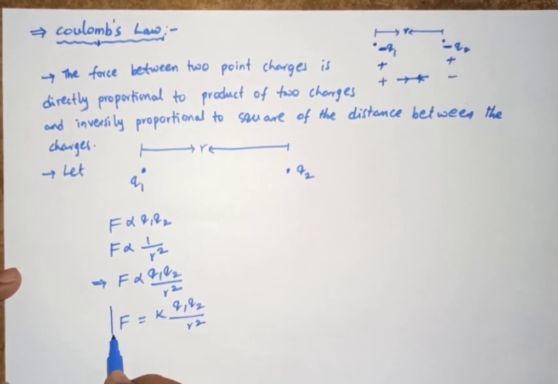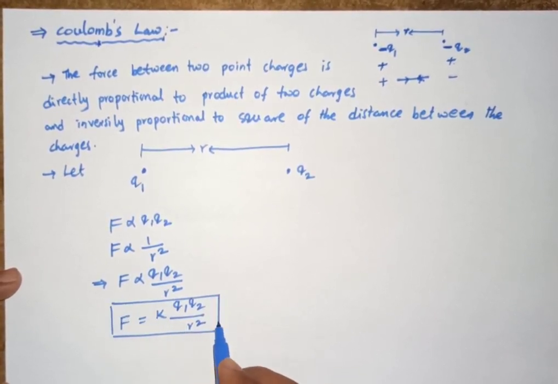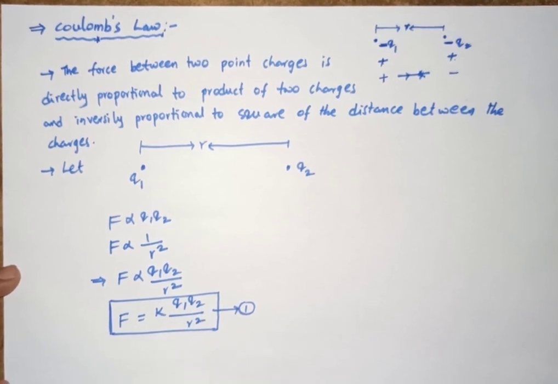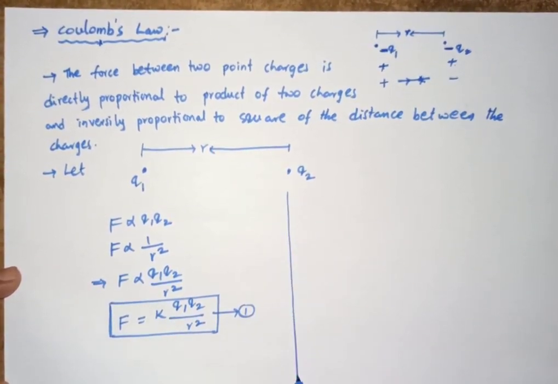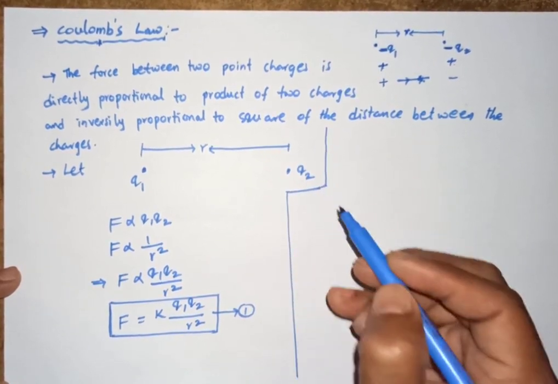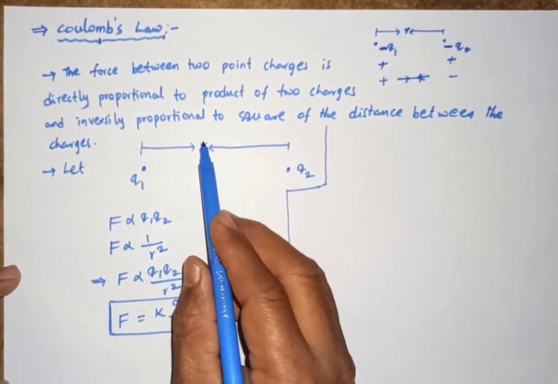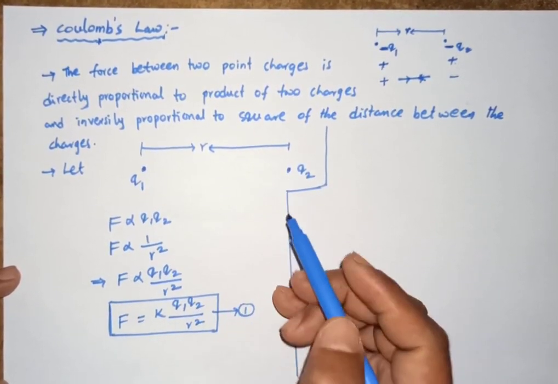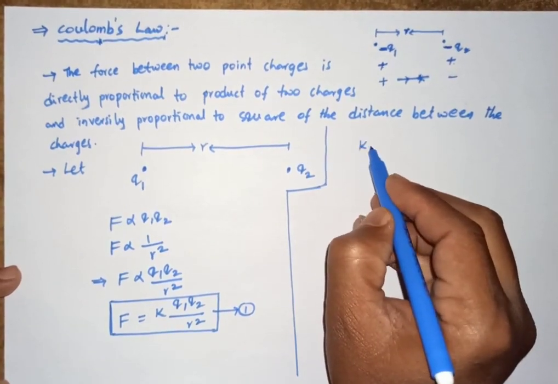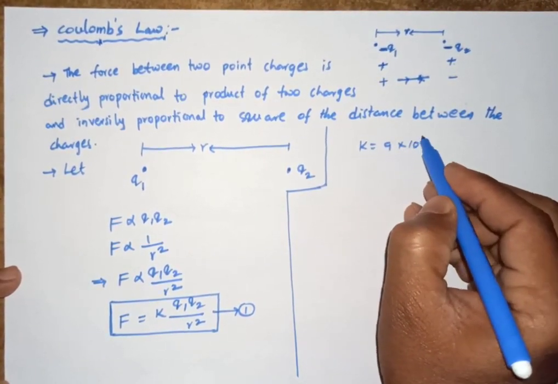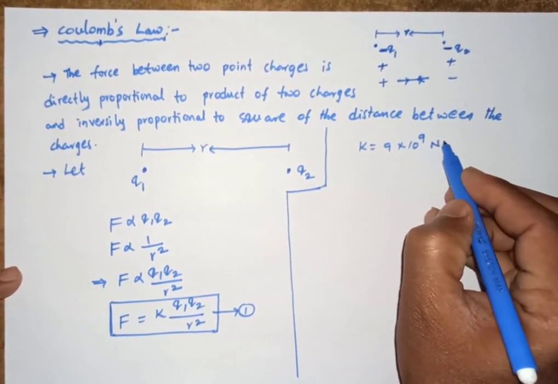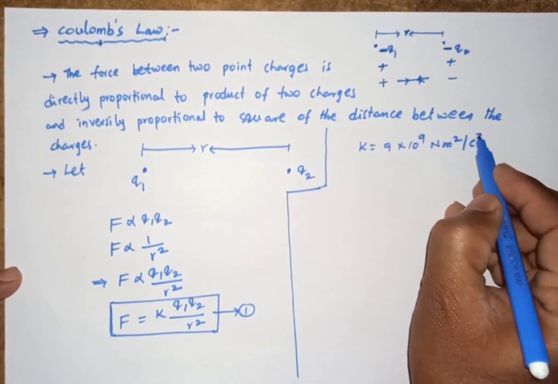So the attractive or repulsive force between the two point charges is F equals k into q1 q2 by r square. Now we consider these two point charges in a vacuum, a free space. Here k equals 9 into 10 power 9 Newton meter square per coulomb square.